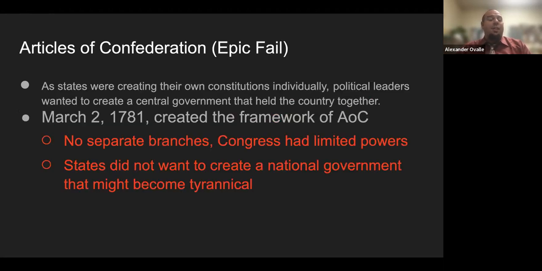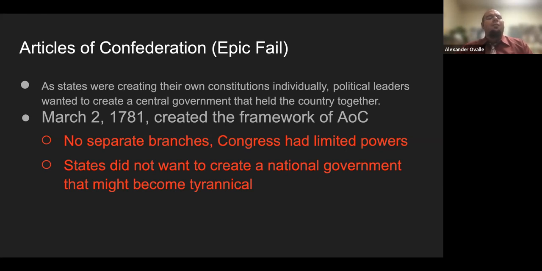The Articles of Confederation, just so you know, was an epic failure. As states were creating their own constitutions individually, political leaders wanted to create a central government that held the country together. March 2nd, 1781, I believe, the Continental Congress created the framework of the AOC, the Articles of Confederation.